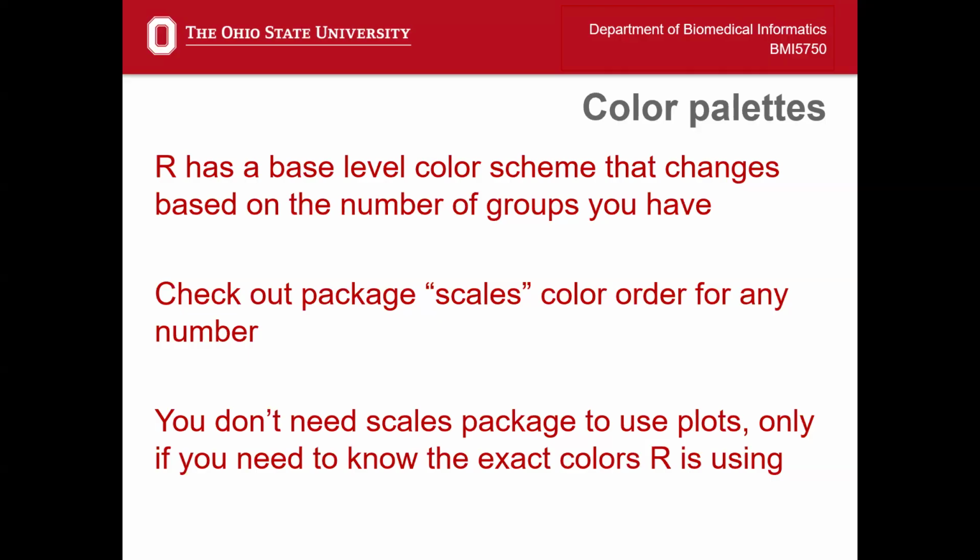There's also set palettes. It's a group of colors that are set up together that you can choose from. Maybe if you want a gradient scale from white to red, it's going to have all of the different shades of red in between. So there's all of these palettes set up that we're going to look at as well.